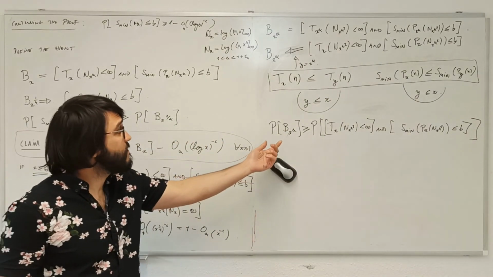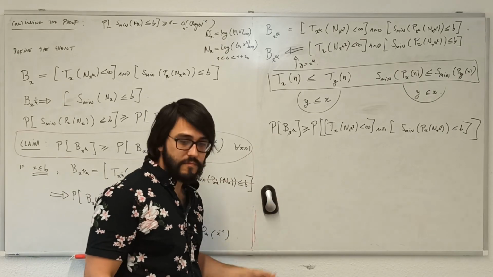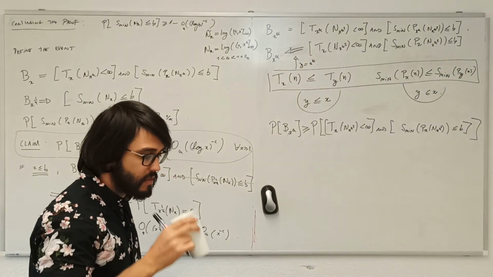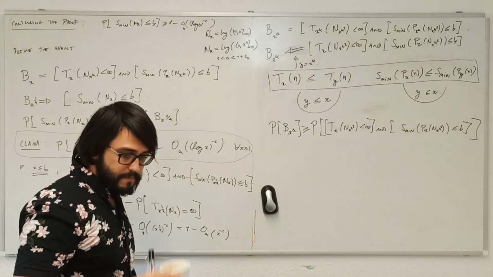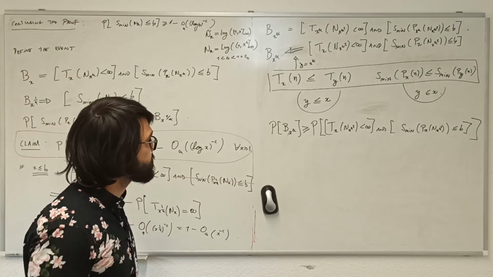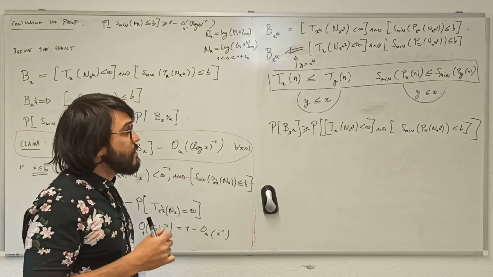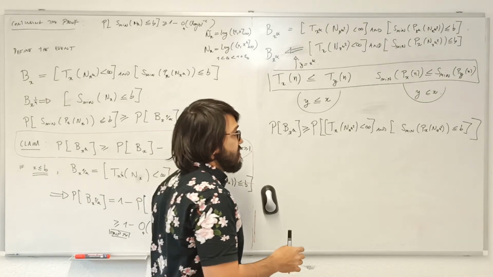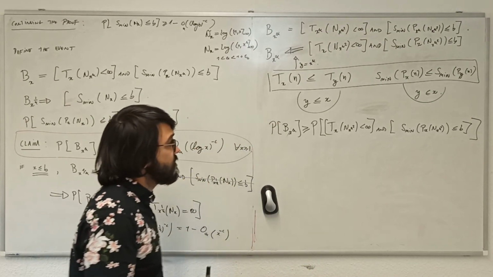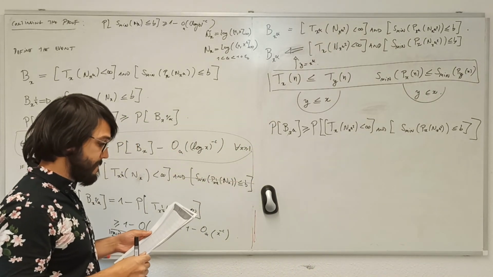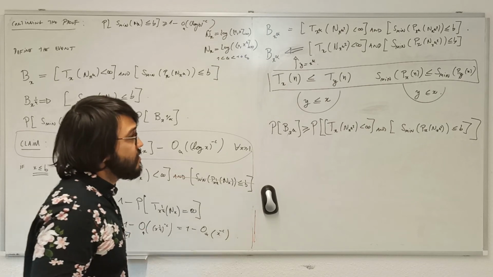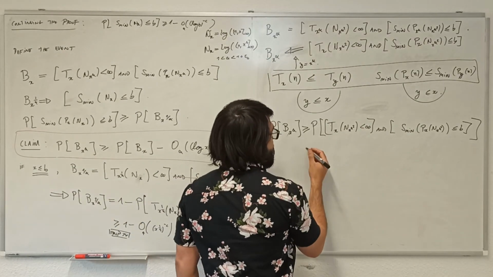Because this event is more likely to happen, we have a way of splitting this thing. So what's the probability of this?